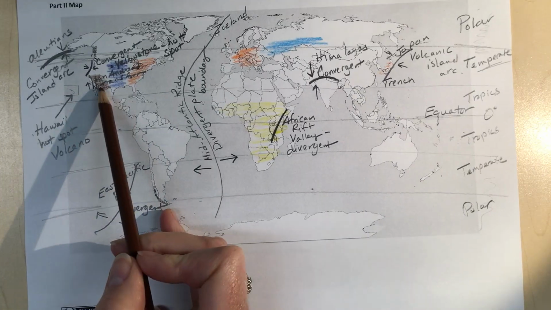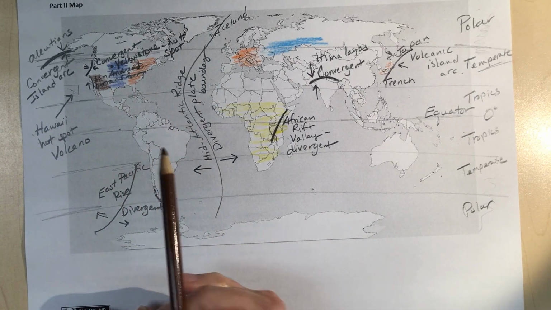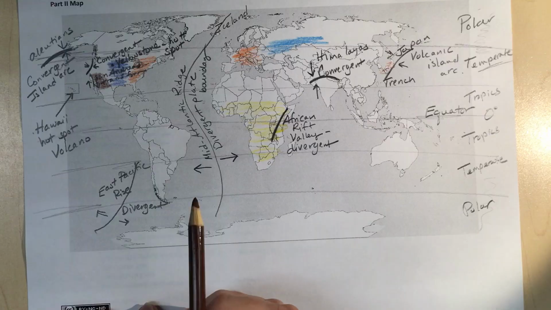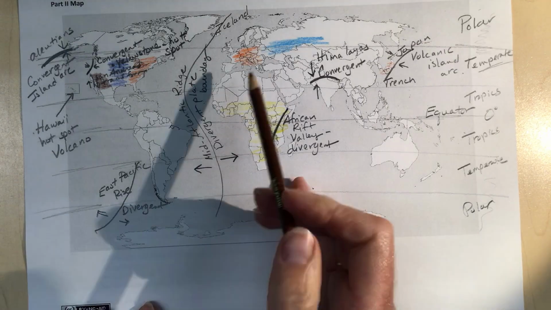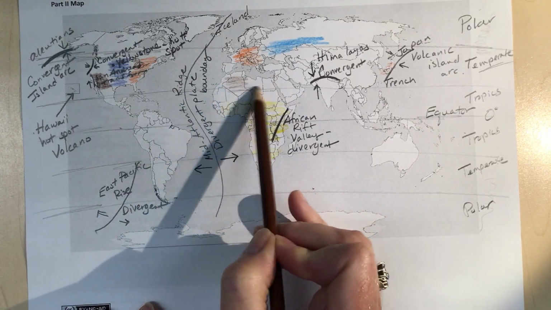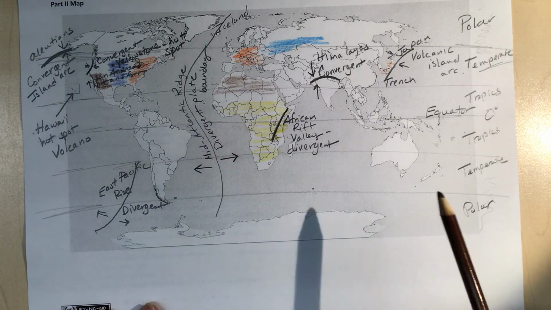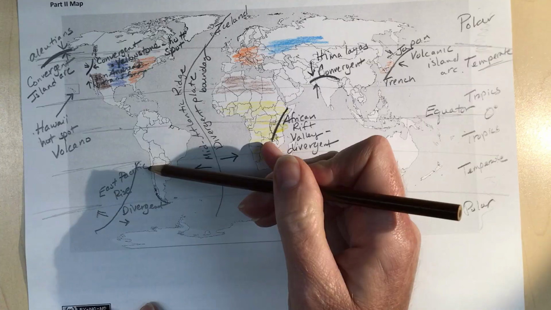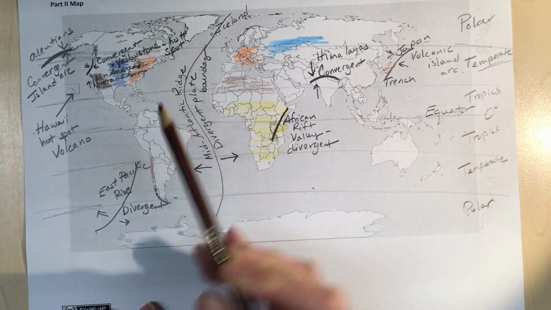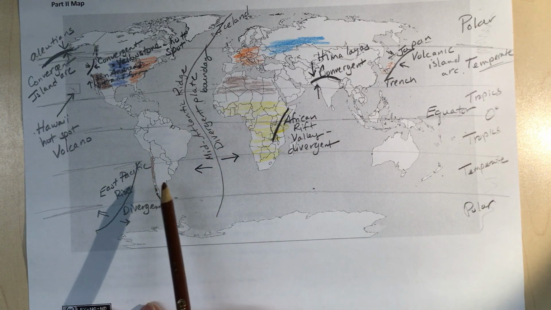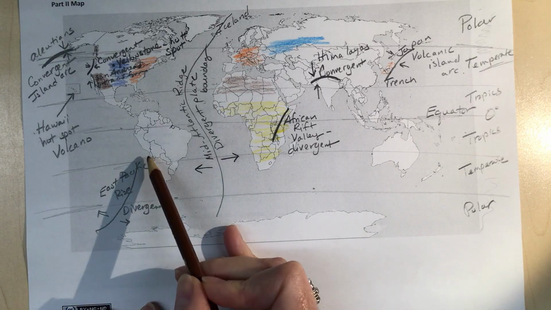We have the Mojave Desert, Sonoran Desert, Chihuahuan Desert. We also have deserts up here, and the Saharan deserts are popular. We have some desert here in Chile. It's about 30 degrees south latitude.